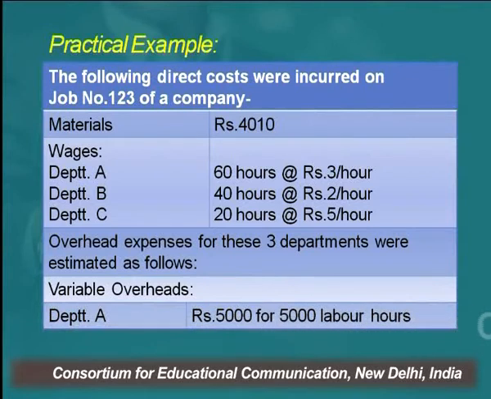How do you calculate the overhead rate? Overhead rate is nothing but the overhead expenses divided by the base. The base in our example here is labor hours. So 5,000 hours and the cost is 5,000 rupees, so per hour comes to be 1 rupee.